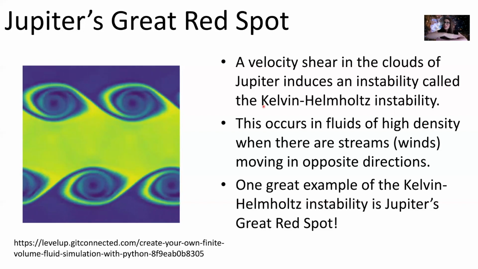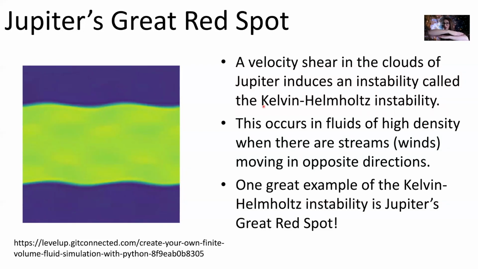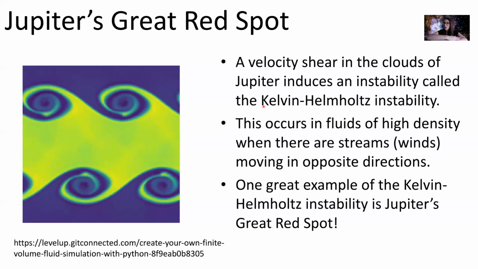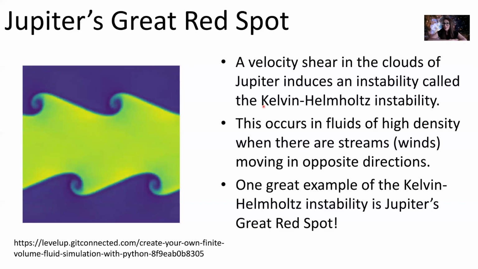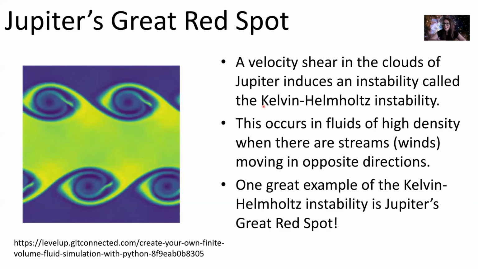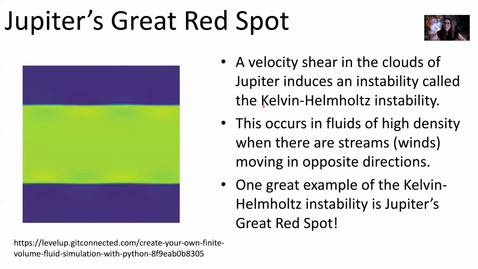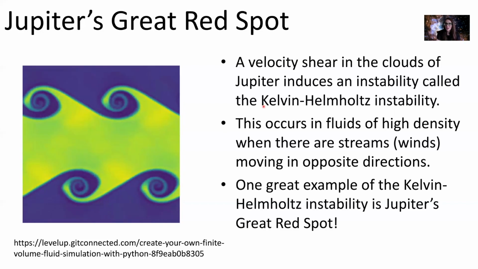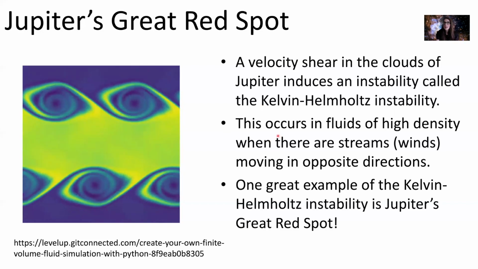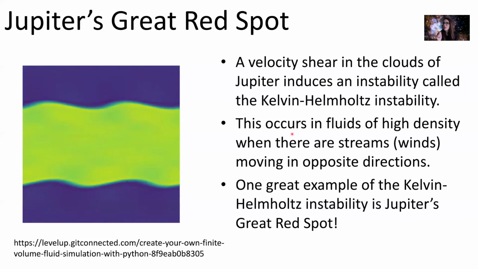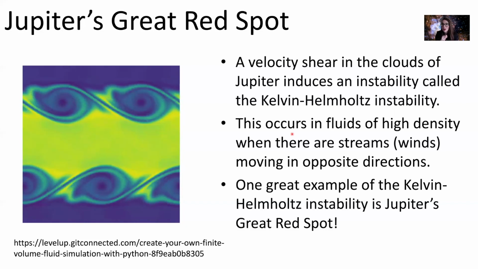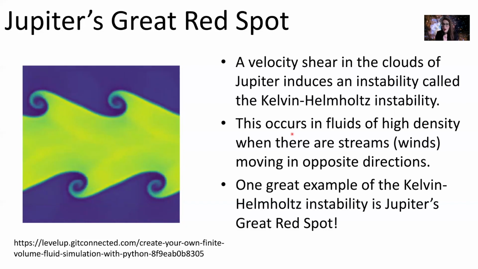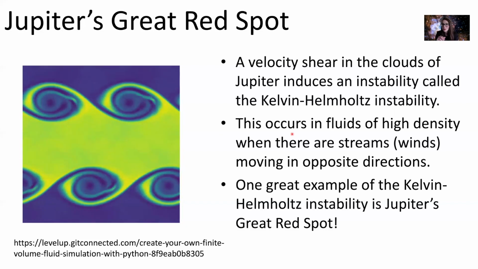So at these shear interfaces where you've got motion going in opposite directions, you can create an instability that creates these giant vortices, just like the great red spot that we see on Jupiter. So this instability occurs in fluids of high density where there are streams of winds moving in opposite directions. Those are our banded clouds on Jupiter.